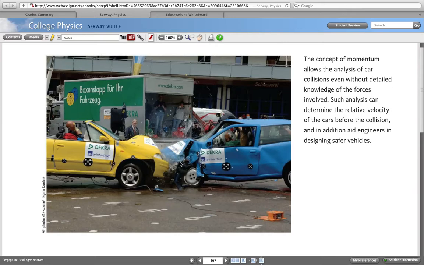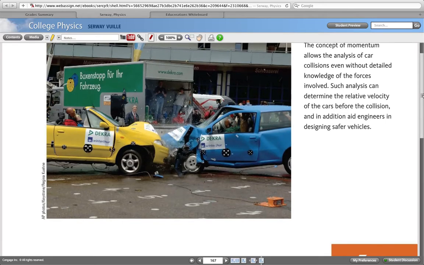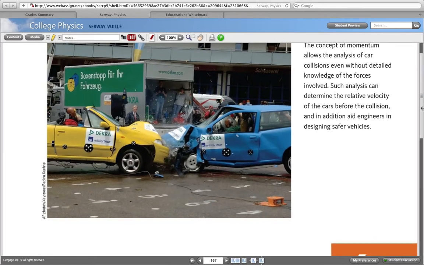It's going to be a crazy amount of energy dissipation. So a lot of that kinetic energy is going to turn into dissipated energy lost to the system. However, the momentum is another story entirely.